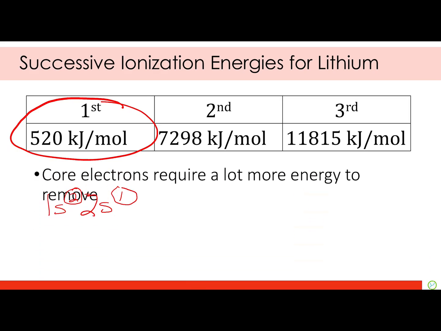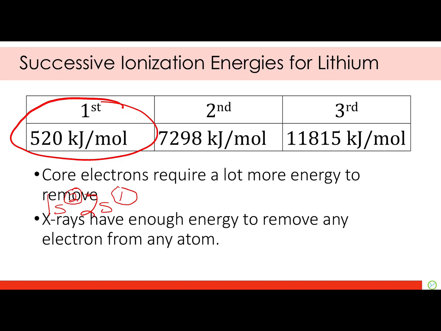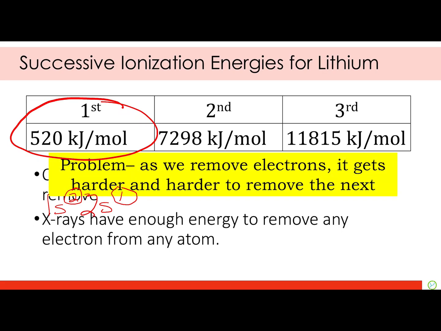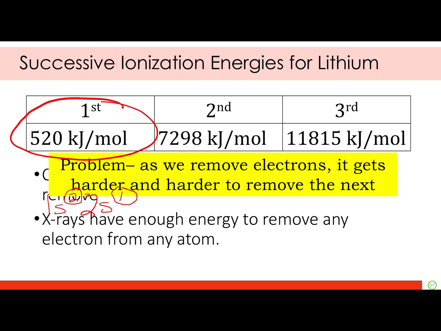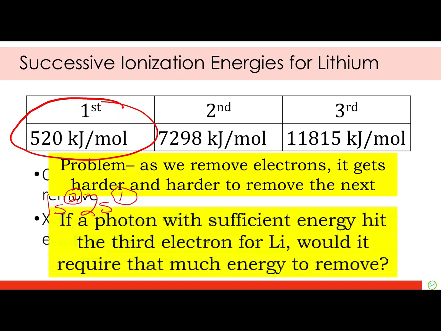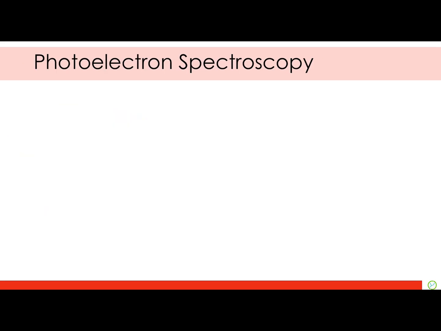Core electrons require a lot more energy to remove. As we remove electrons, it's going to get harder and harder to remove the next electrons. So if a photon with sufficient energy hit the third electron for lithium, would it require that much energy to remove? Interesting.